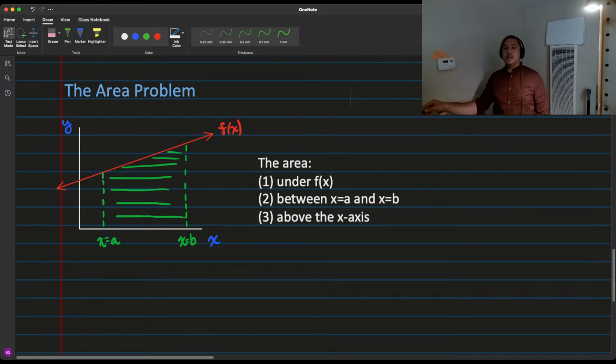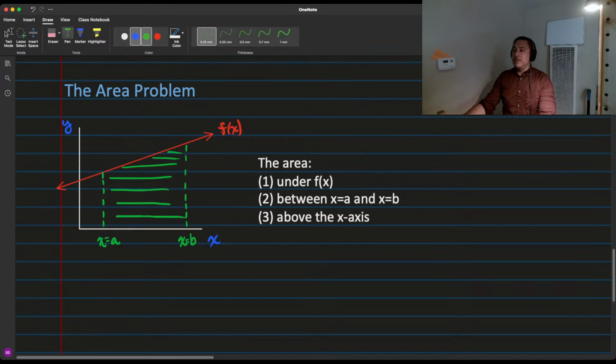If you think about it, this description shows you that green region right there. It's above the x-axis, below the line f of x, and between the vertical lines x equals a and x equals b. This is actually pretty easy to figure out if you remember any of your basic geometry formulas, because you can split it up into two regions.